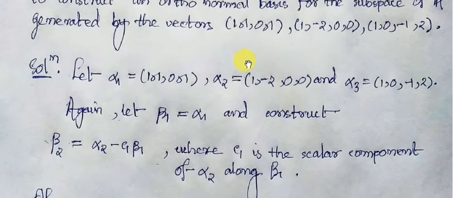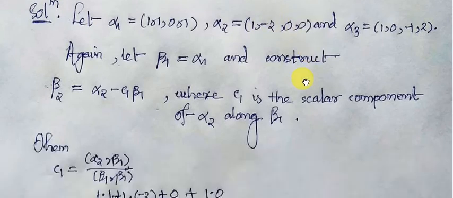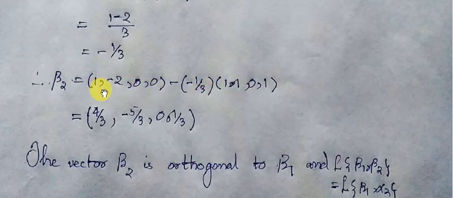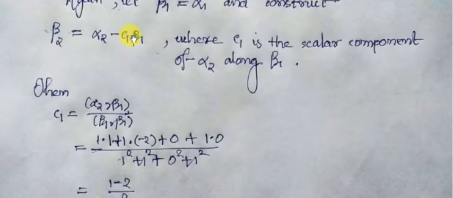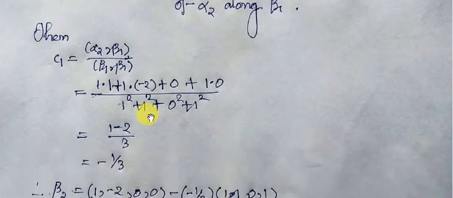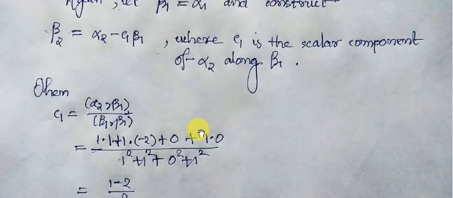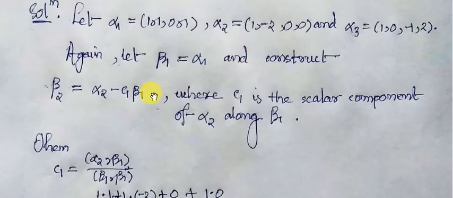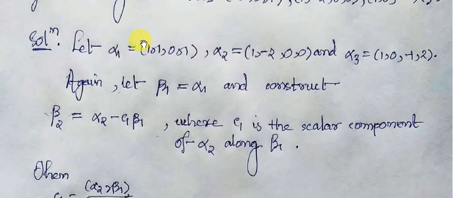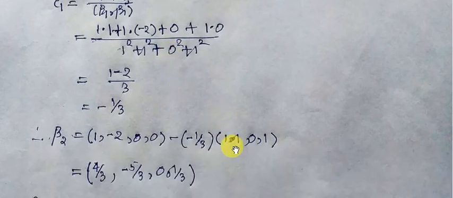In place of alpha 2 we write (1, -2, 0, 0), minus c1 substituted by its numerical value, minus 1 by 3, into the beta 1 vector, which is alpha 1, (1, 1, 0, 1).